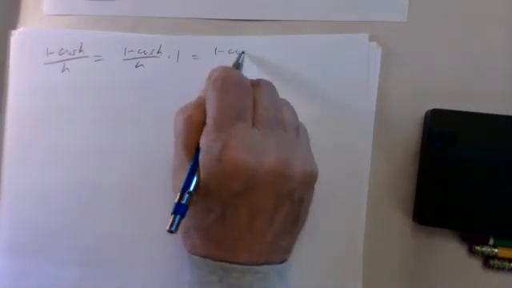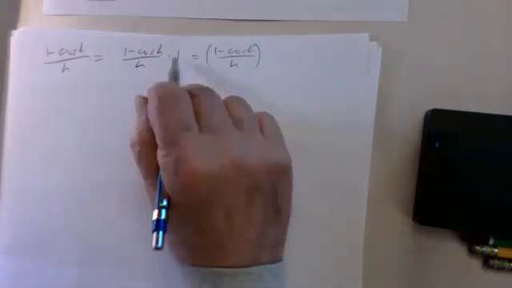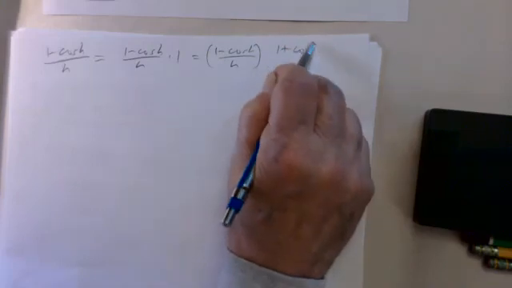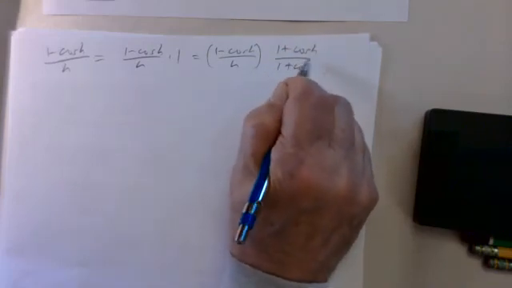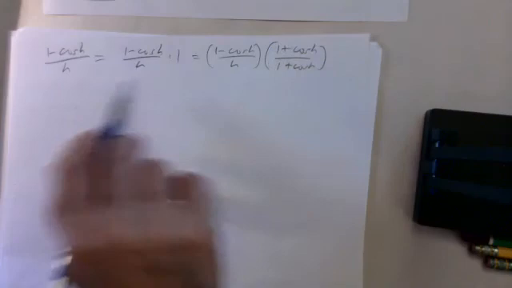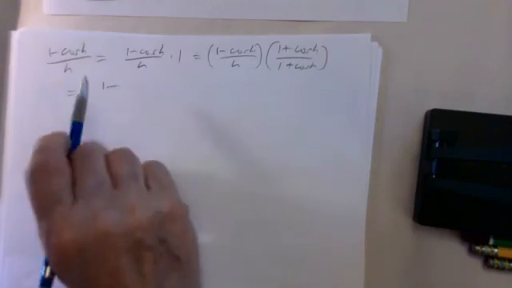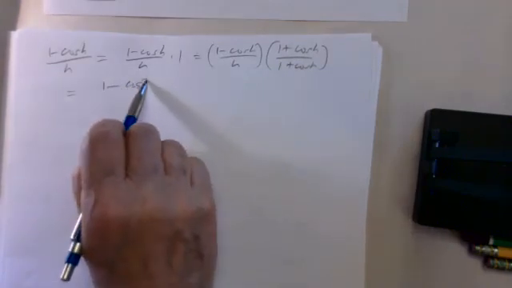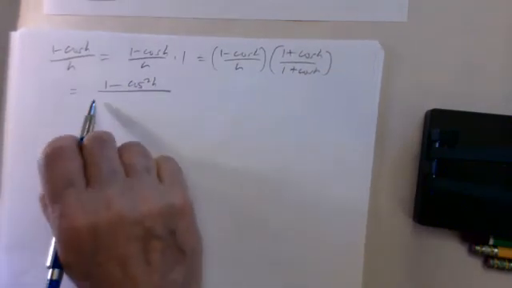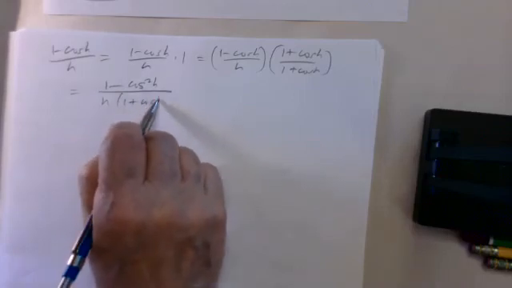But I happen to want to write 1 in the form 1 plus cosine h over 1 plus cosine h, because I'm still just multiplying by 1. So in the numerator, I have 1 minus cosine squared h over h times 1 plus cosine h.